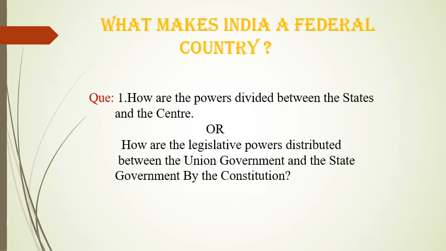There are three lists: union list, state list, and concurrent list. In such a way you have to write the answer of this question. So before that you should read properly. It's a very important question students, so that's why you read.